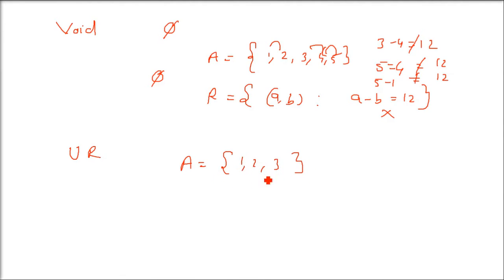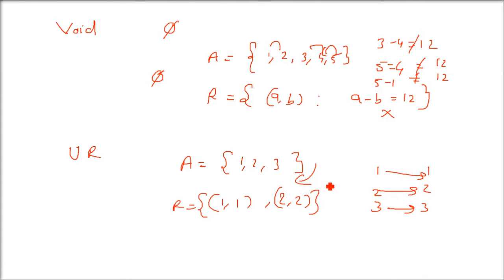If A is a set, say 1, 2, 3, then identity is simply defined like this: 1 is related to 1, 2 is related to 2, 3 is related to 3. That is, a is related to a if a belongs to set A: (1, 1), (2, 2), (3, 3). If I take A as 1, 2, 3 and the relation has (1, 1), (2, 2), is it an identity relation? No, because (3, 3) is not there.